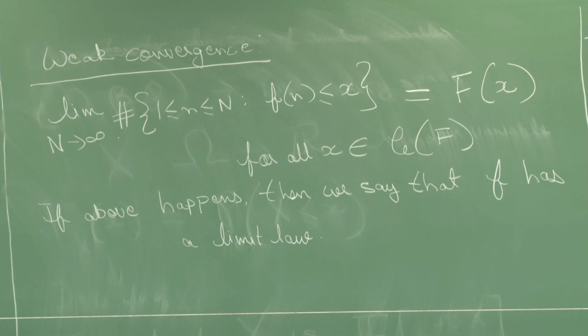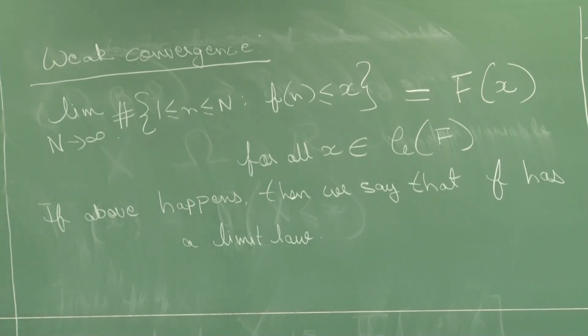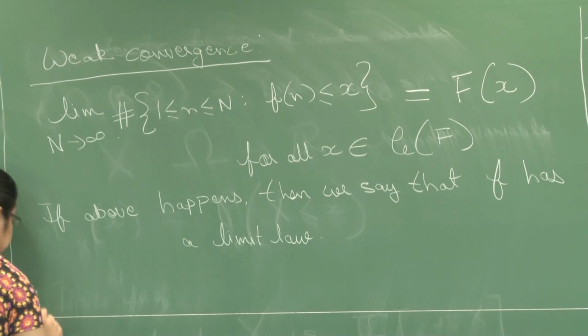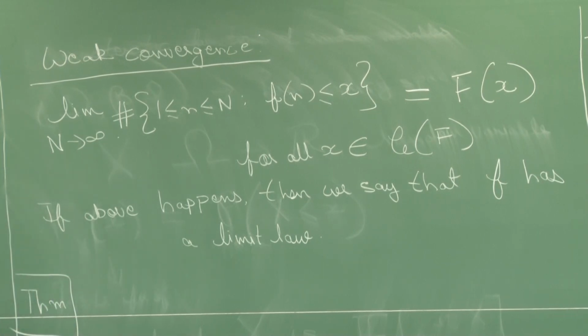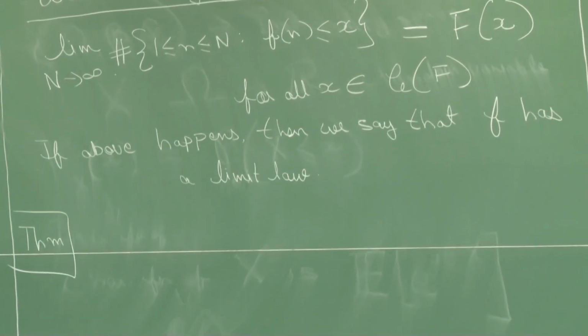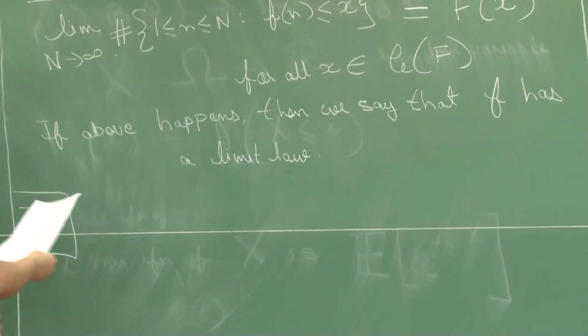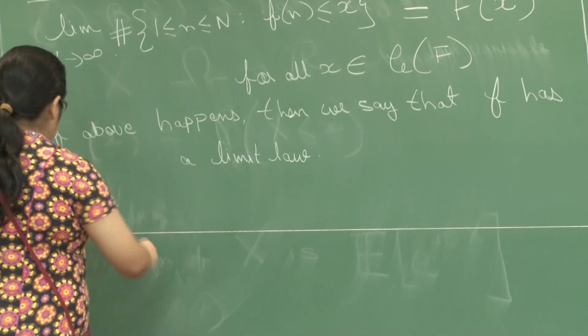And now what we do is we recall a very important theorem from probability, which I am just going to state without proof, which relates the notion of weak convergence to the characteristic functions of our random variables that we are looking at. So, this is an important theorem, and this gives us the motivation for looking at multiplicative functions whose values lie inside or on the unit circle.